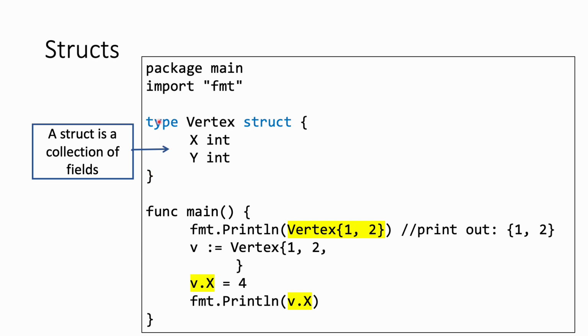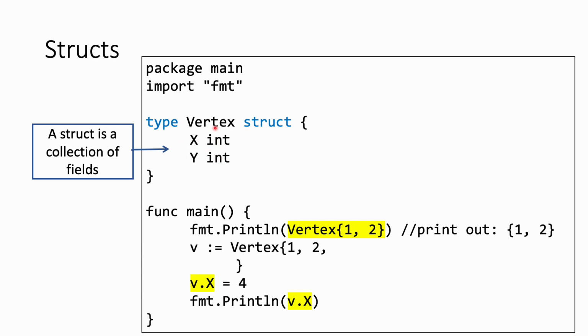The keyword type is to define any data type, and the keyword struct indicates that the type being defined is a struct. In the field list, each field is defined with the field name followed by its data type. Each field definition is in one line.